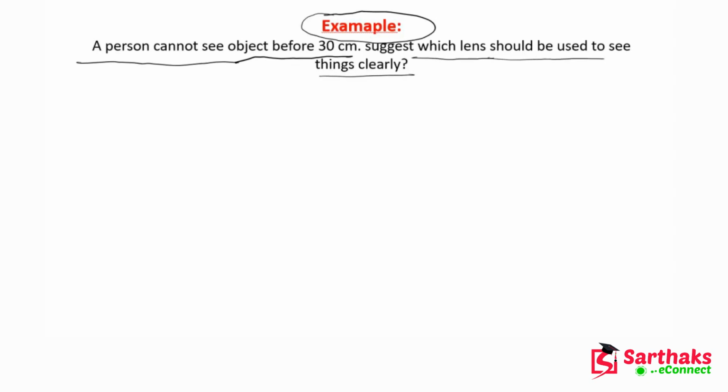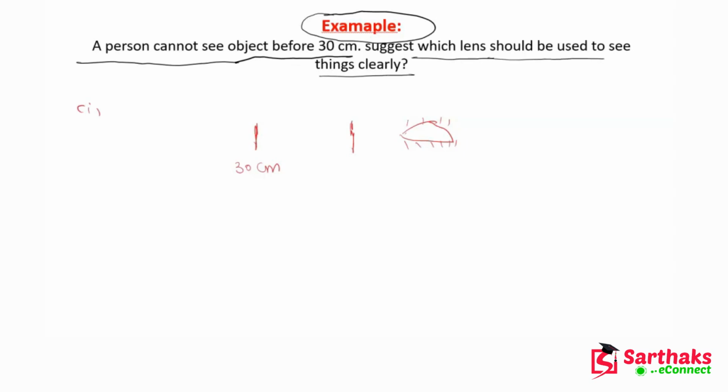So our first task is to find out which type of defect this person has. Let's suppose this is 30 centimeter and this is the person's eye, and this person cannot see the object before 30 centimeter.